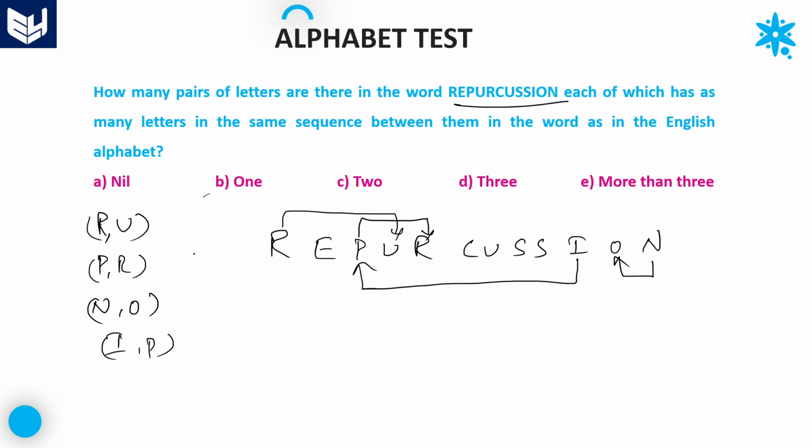Now we got more than 3. So directly you can keep the answer as more than 3. There is no requirement of checking the remaining.